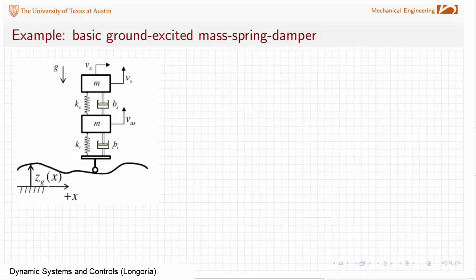Now, as you can see here, the reason why it's worth working that simple mass spring damper ground excited problem is because understanding how to handle the full quarter car model, where you have tire stiffness damping, ground excitation, unsprung mass, sprung mass, suspension characteristics, now is really just a simple extension. I'm not going to work the full model.